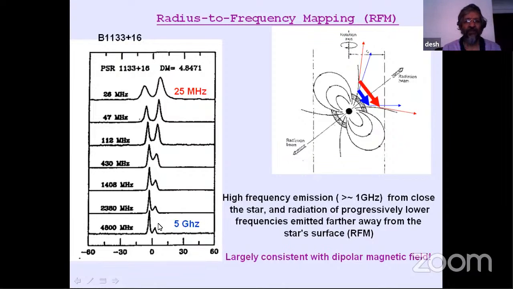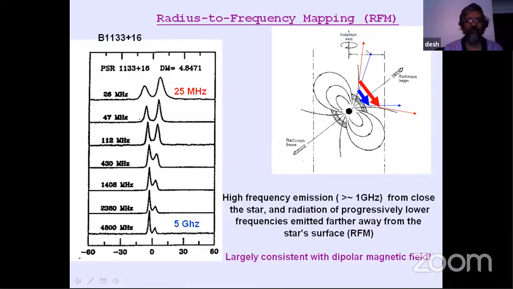You can cross-check that for yourself, and the evolution of these profiles with frequency also has additional information about how sometimes you might begin to see other components. Suppose this was the outer shell in the nested cone structure that Joanna has proposed. As you go to lower and lower frequency, you're having a more central cut.